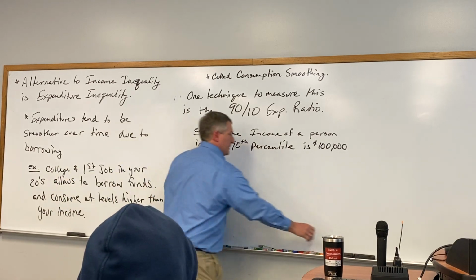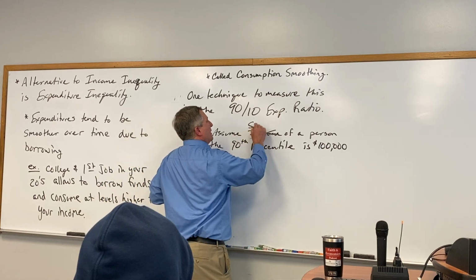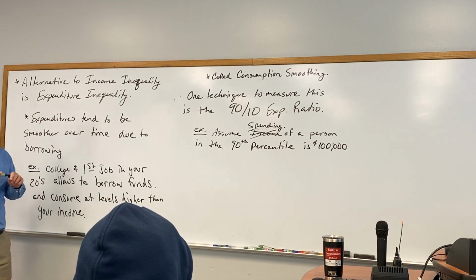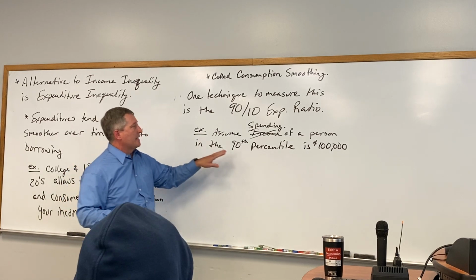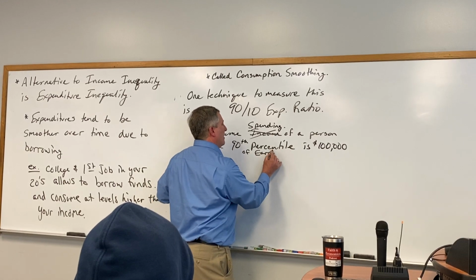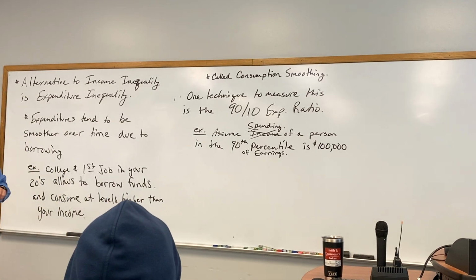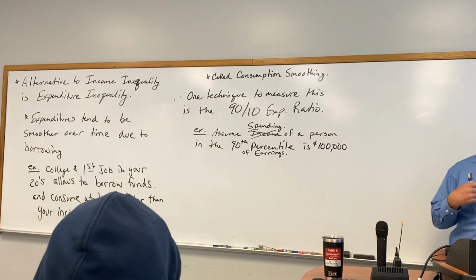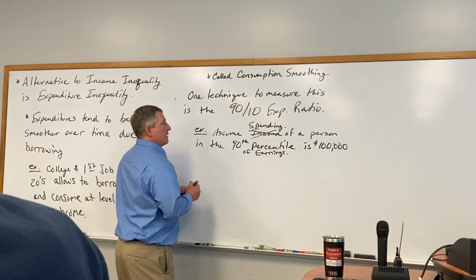Oh, and I'm sorry, I put the word income in there, even in your notes. Cross that off, spending. The person is in the 90th percentile of income. So the spending of the person in the 90th percentile of income, of earnings, is 100,000. So we're still trying to get this kind of high income, low income, but we're getting at it through their spending rather than their consumption.